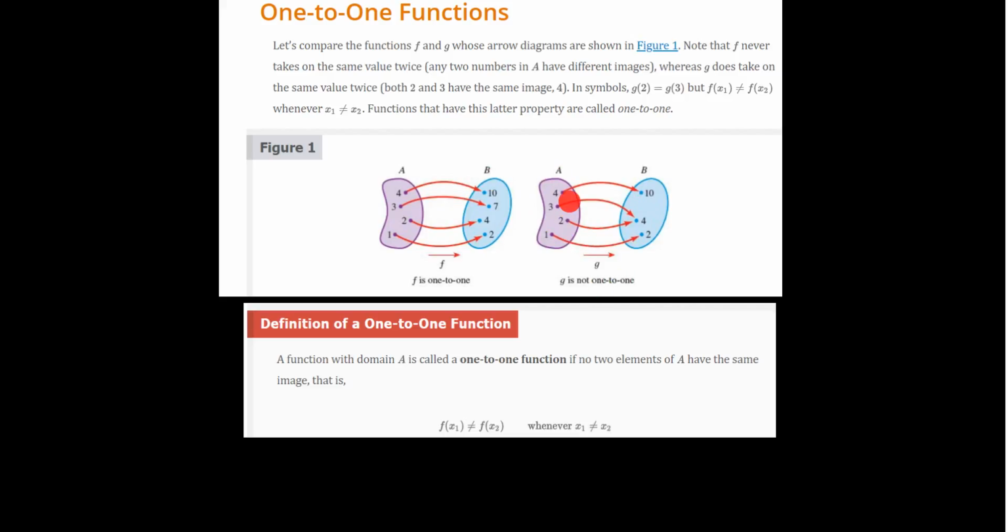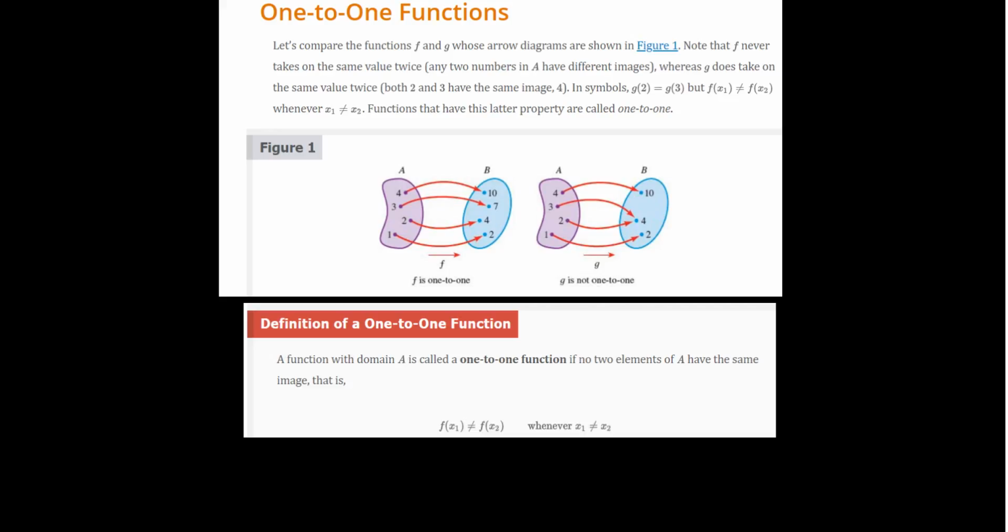We have 1x, but here we're going to 3 and 2. They're going to a singular element in B, notably 4. So this is not 1 to 1. You can think of 1 to 1 as about as simple as it sounds: you can only have 1x go to 1y.